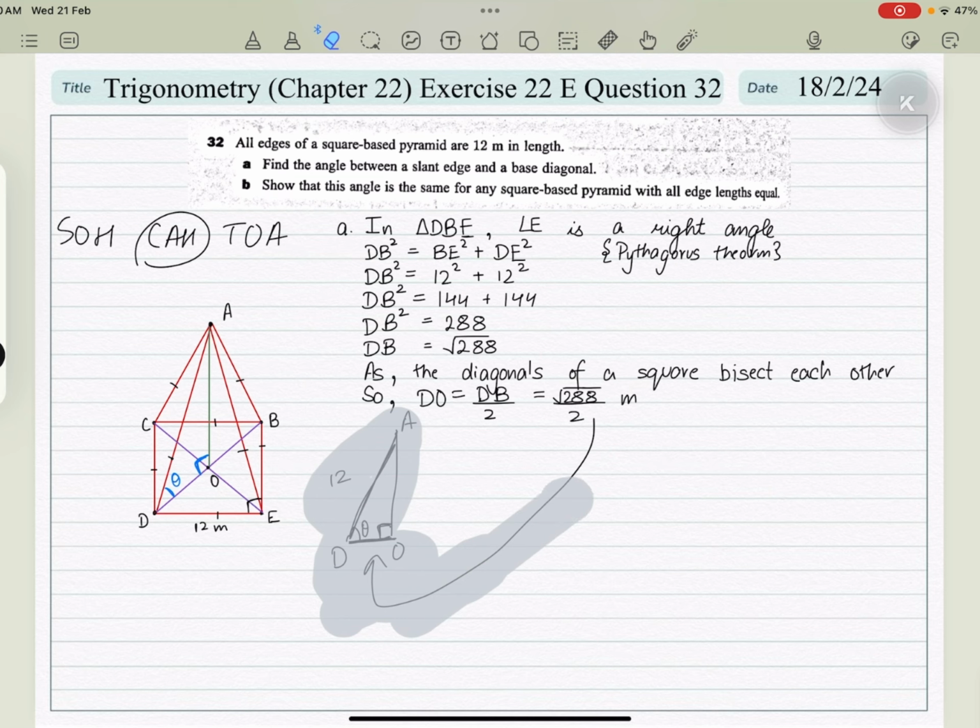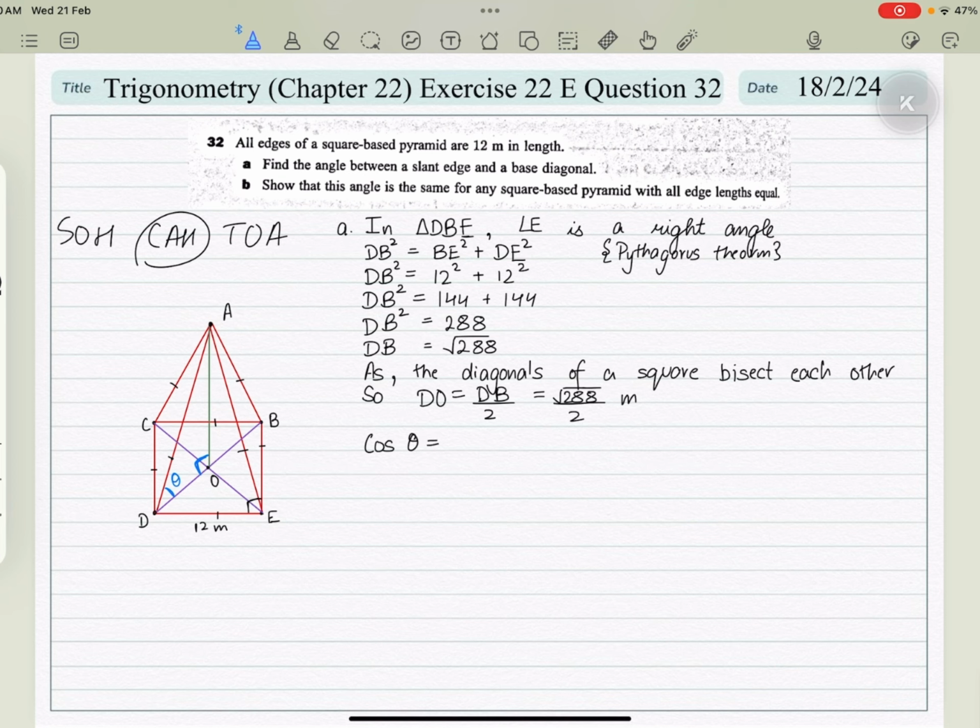So it's going to be cos, because CAH, right? So cos theta is equal to adjacent upon hypotenuse. So adjacent is DO and the hypotenuse is AD. So DO is equal to root 288 upon 2 and the whole upon AD, that is 12.